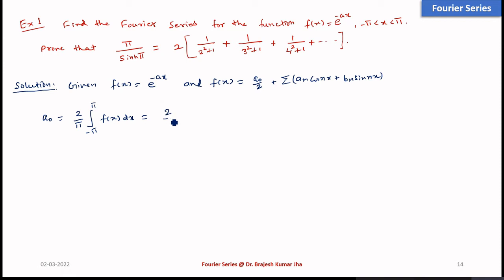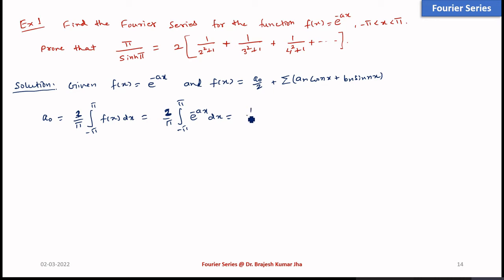It is 2 upon pi integration minus pi to plus pi, f(x) is given e to the power minus ax dx. See, a0 by 2 now, then it is 1 by pi. If a0 then 2 by pi.